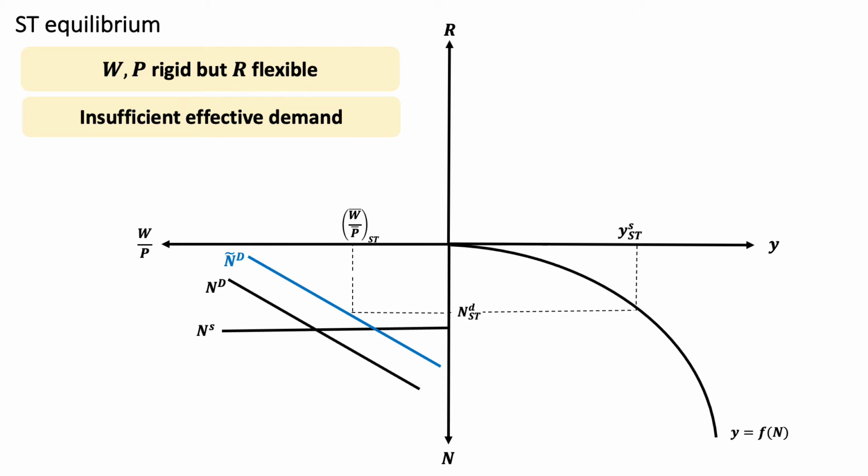To maximize their profits under the technical constraint, firms would like to produce a quantity YS. However, because of the demand constraint and price rigidity, they cannot.